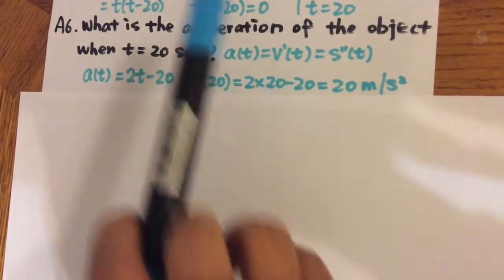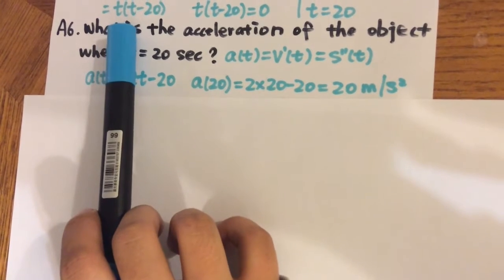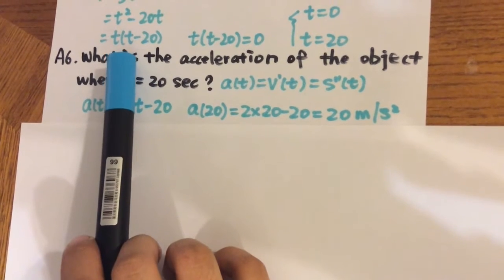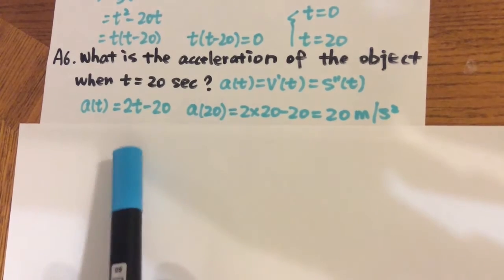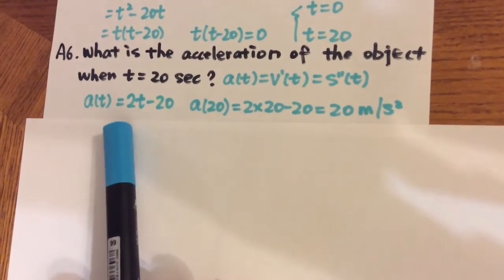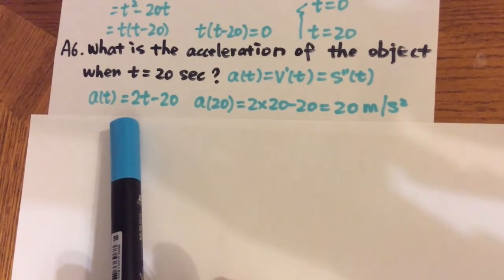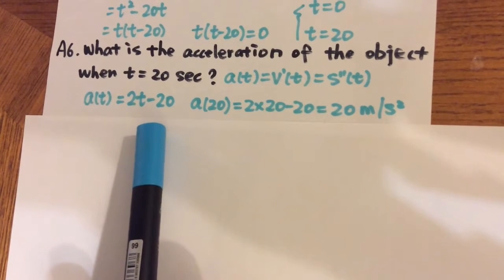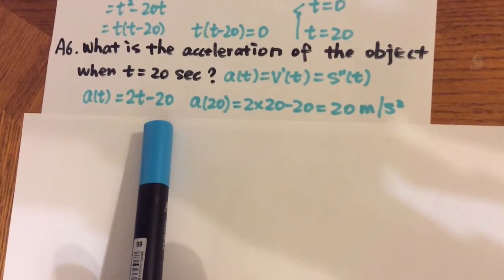First, in A5 we find the equation of t to the power of 2 minus 20, and so this time we can use this to find the double prime of s of t, which is a of t. So this time we got the power goes to the front, 2t, and the power minus 1 is 1, and minus 20, and this time we also use the power rule.